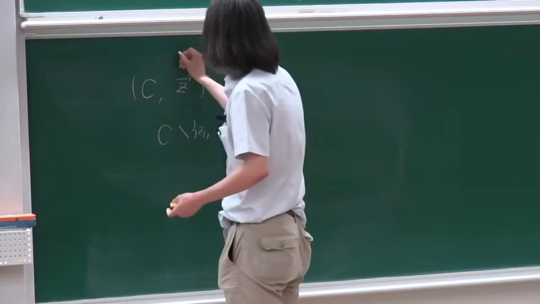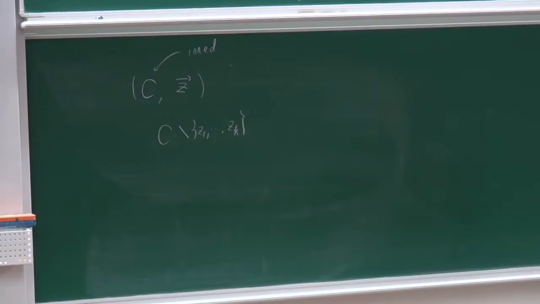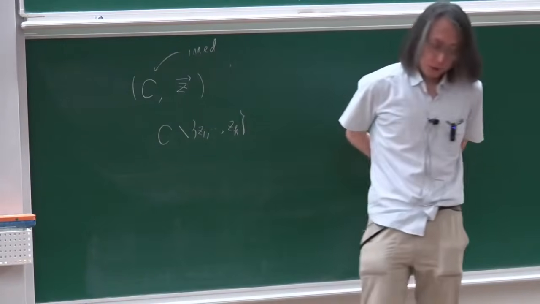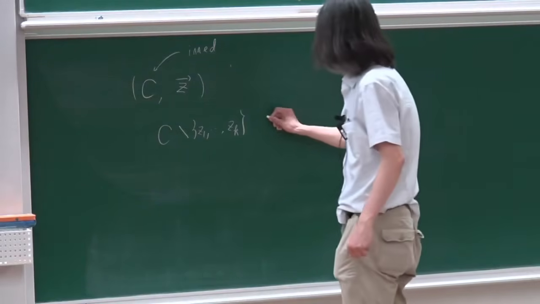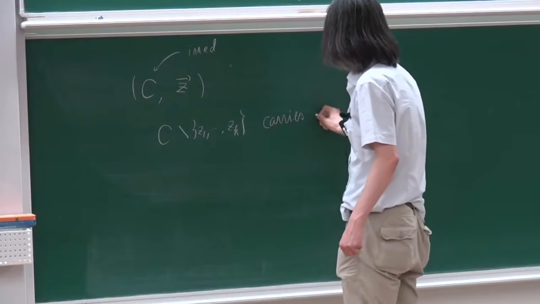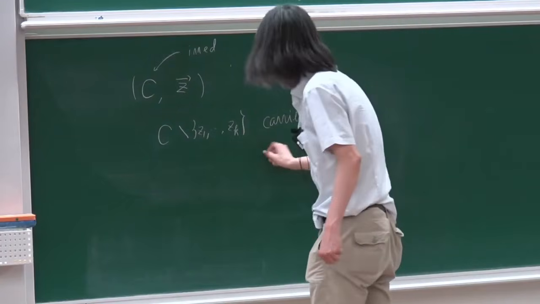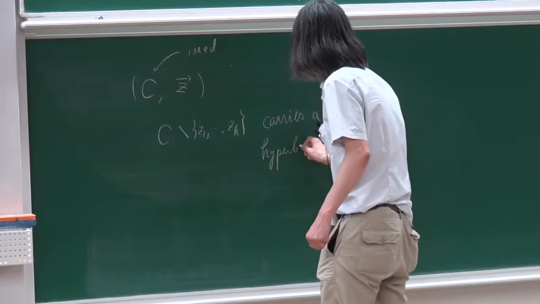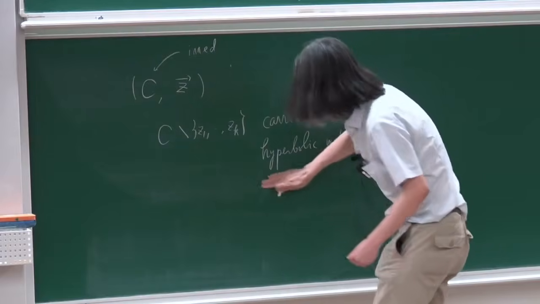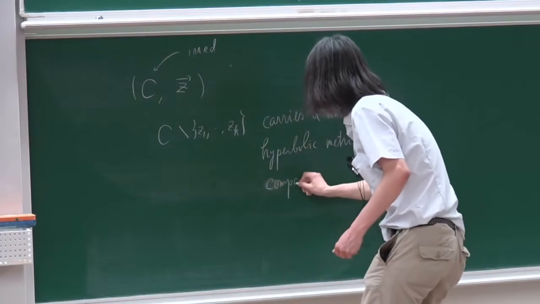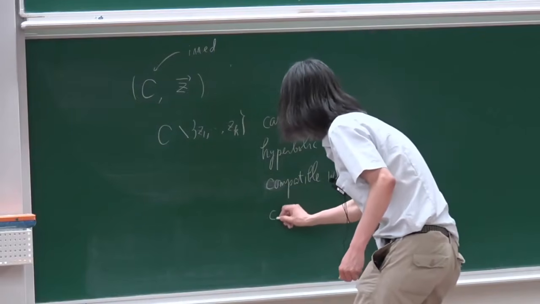Let's suppose that C is an irreducible curve, and then remove those points. Then the Euler characteristic of this becomes negative. And therefore, it carries a unique hyperbolic structure, a hyperbolic metric, compatible with the complex structure.